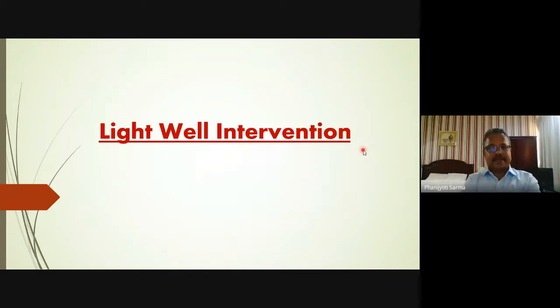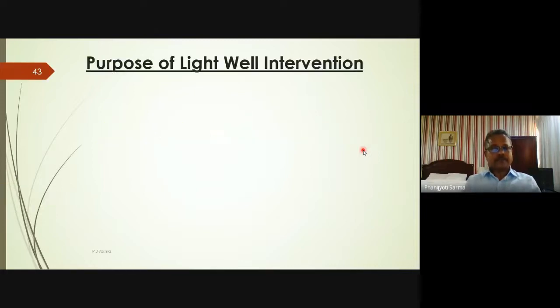The next part of the presentation is light well intervention. So what are the purposes of light well intervention? It starts with well commissioning. When a well is drilled, at that time the well needs to be commissioned, and we need to deploy light intervention in order to remove the barriers, in order to activate the well.